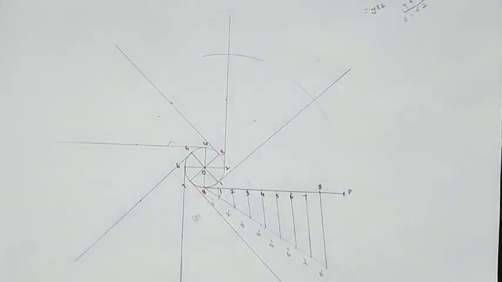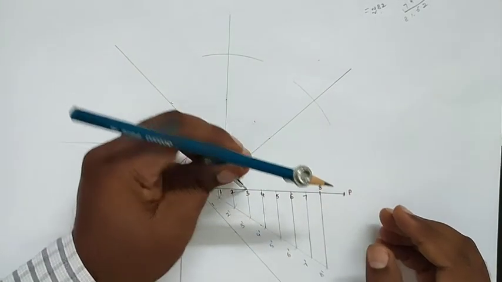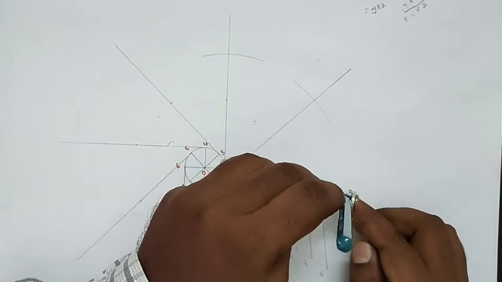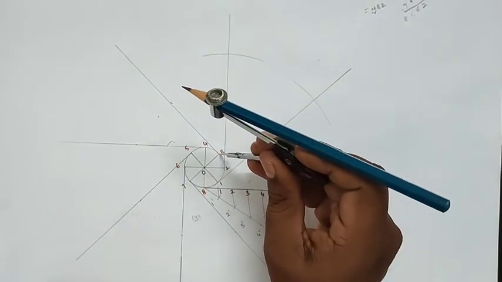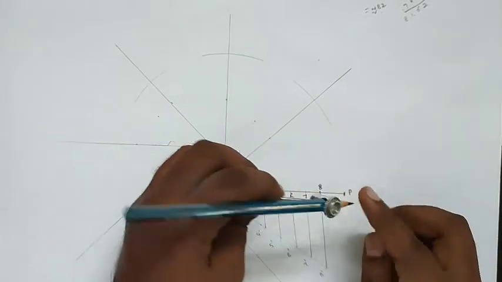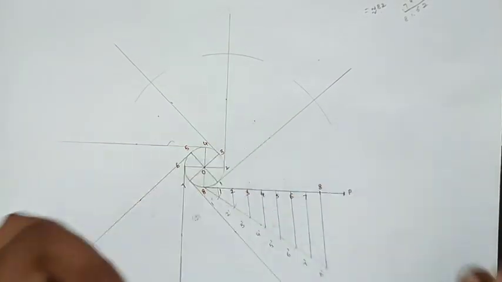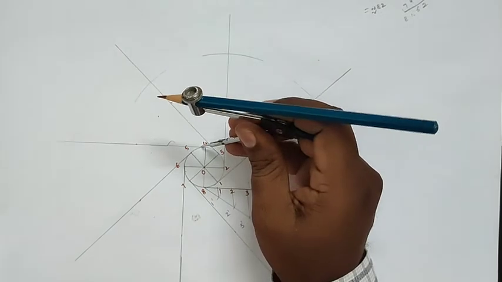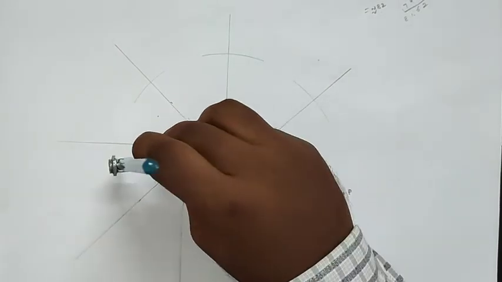Measure 3 to P, with 3 as center, draw the arc. Measure 4 to P, with 4 as center, draw the arc.